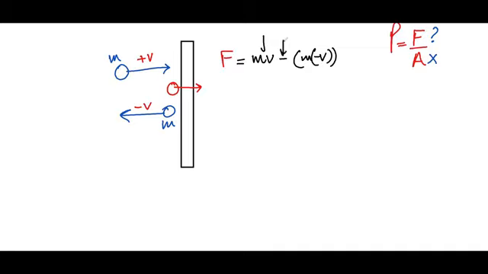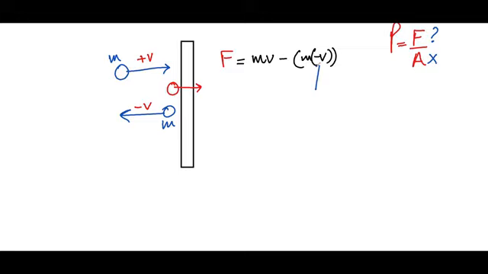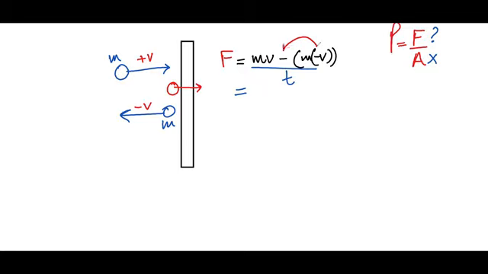So that negative sign is because of the formula of the change, and this negative sign is because of the velocity of the object. Of course, the divide by time is still a part of this equation. What I see over here is this negative sign being cancelled by this negative sign, and what I'm left with is 2mv divided by t.